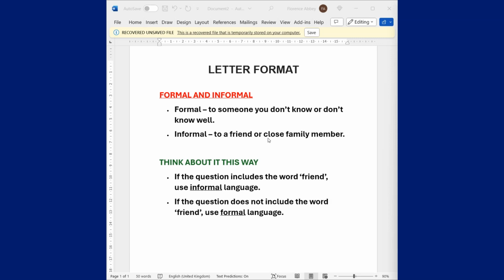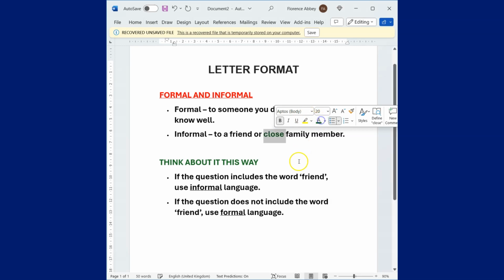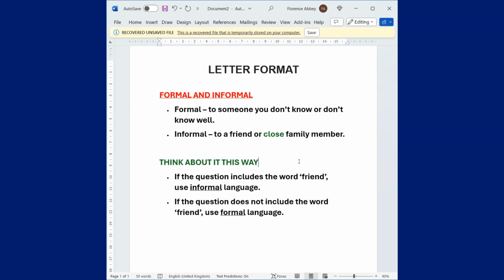So a friend or a close family member, it can be an uncle, a grandmother, a mother, father. So so far as the person is a family member, we take it as somebody who is close. Right, take note of it, close. So it means that you know the person very well, and the person is a relative, so you treat that as an informal letter.